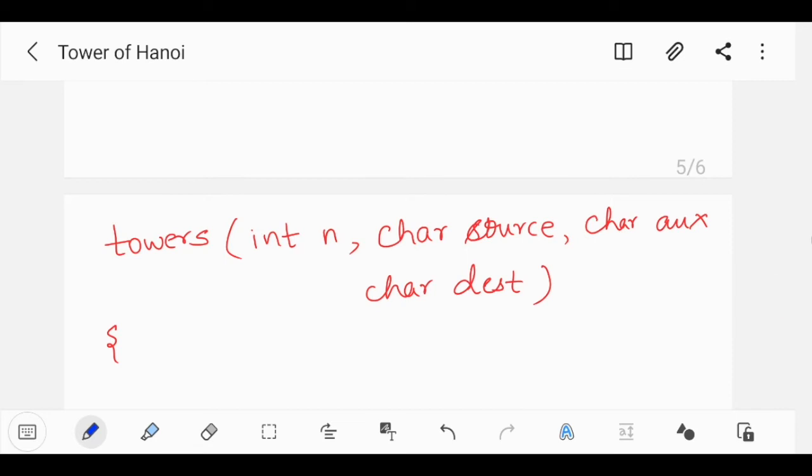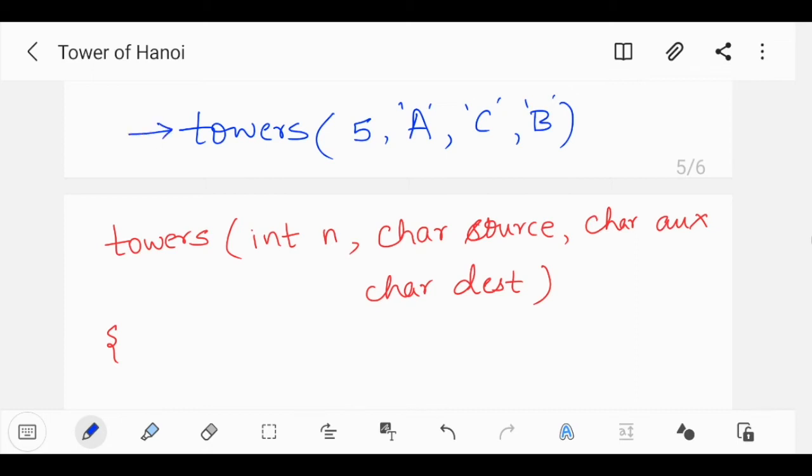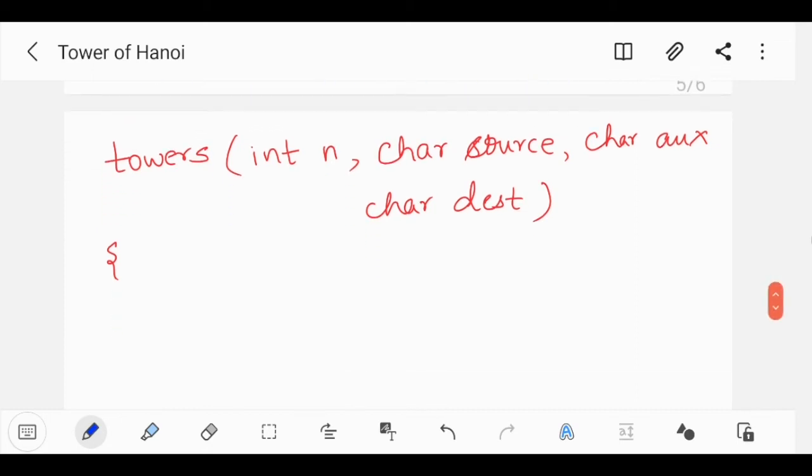So when you make a call to the towers routine from the main, it would be something like this. You say towers, you want to solve it for, let's say, 5 disks, and you say the source is A, the destination is B, and the auxiliary peg is C. Yeah, so you could pass it like this, put it in single quotes because they would be treated as characters, right? Okay, so this is a call in my main function, but let's write the function here.